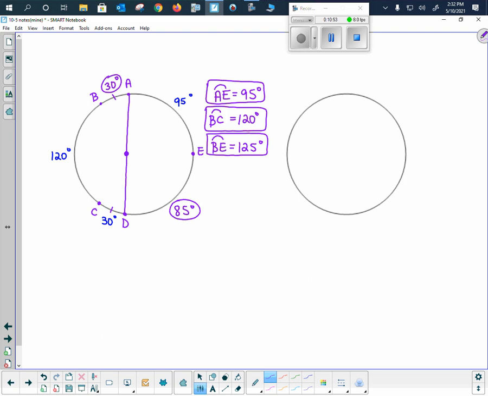All right, for the next picture, let's label some points on here. Let's give you A here, B somewhere in this area, C, and D. As far as givens, let's give you this part is 40 degrees, and this part is 90 degrees.